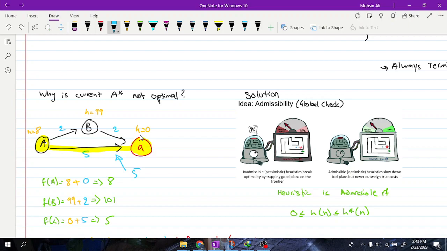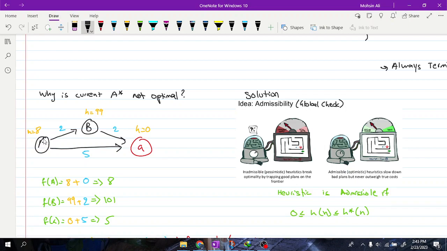What was the problem over here? The problem was, one, you could say that this heuristic value was calculated in the wrong manner. It was a poor heuristic choice. But most importantly, you were too pessimistic while you were choosing your heuristic.